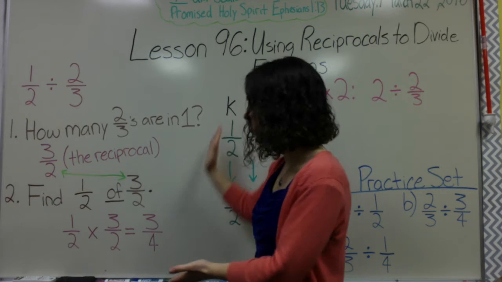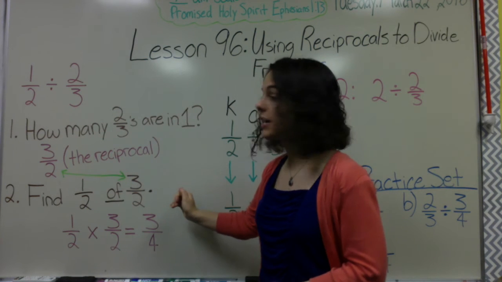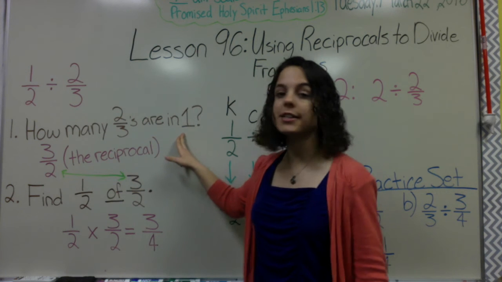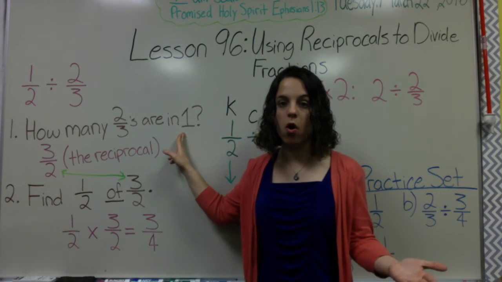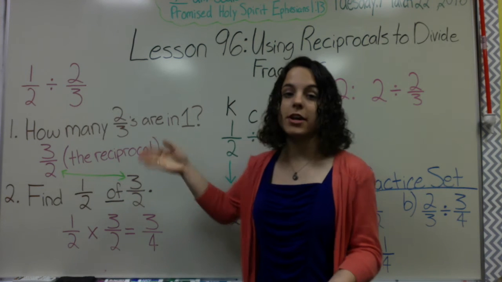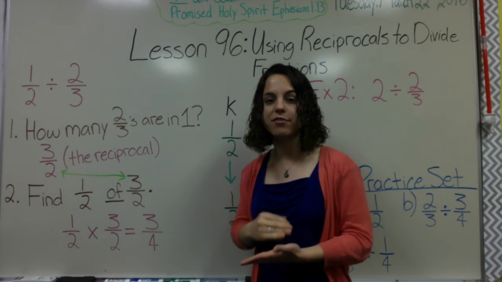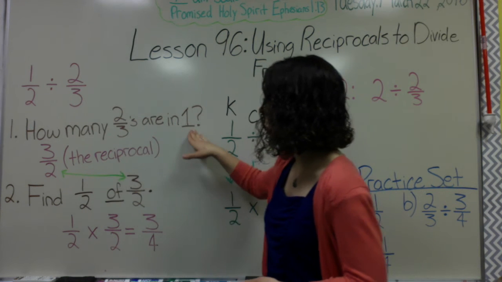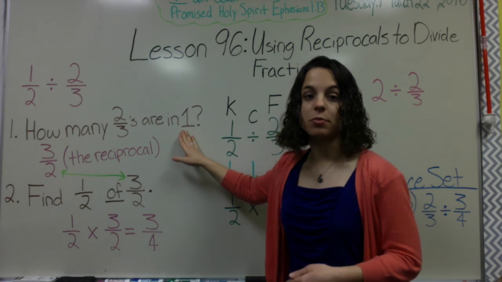So the reasoning behind all of these steps is saying, okay, how many 2/3 are in a whole? If we can say how many 2/3 are in 1 whole, which is pretty reasonable, then that means I can figure out how many are in a half, because I can find half of a whole pretty simply. So when I say how many 2/3 are in 1 whole, we're simply getting the reciprocal.